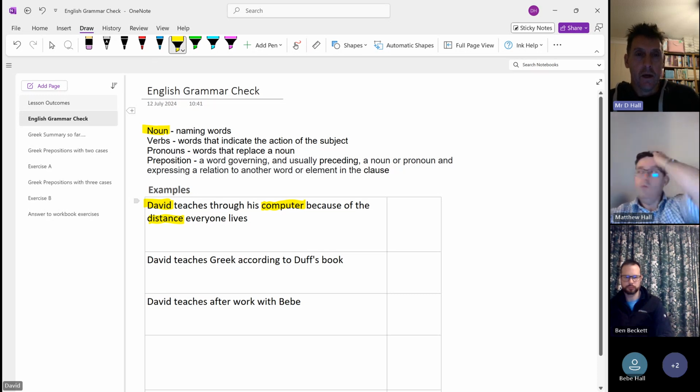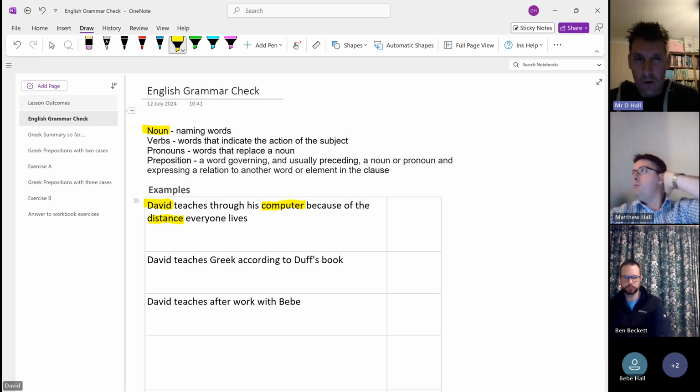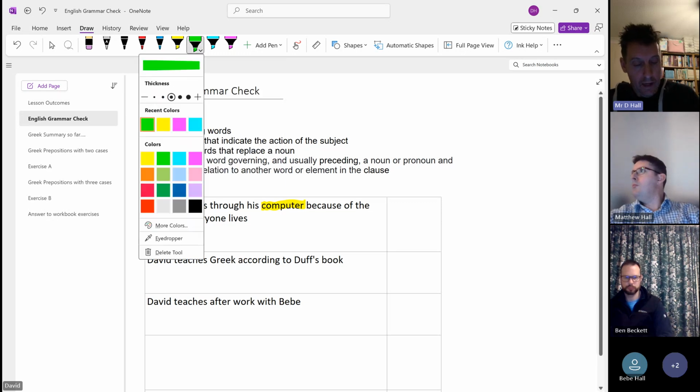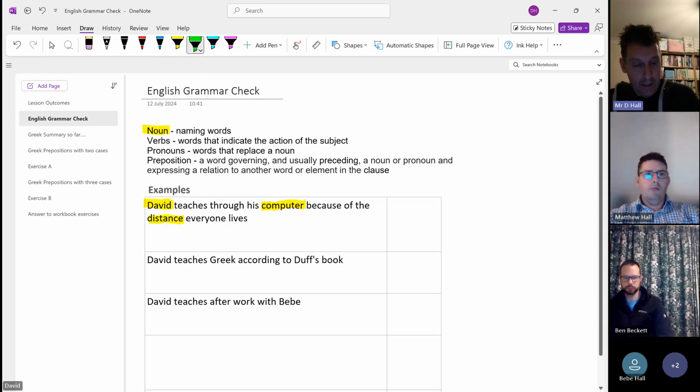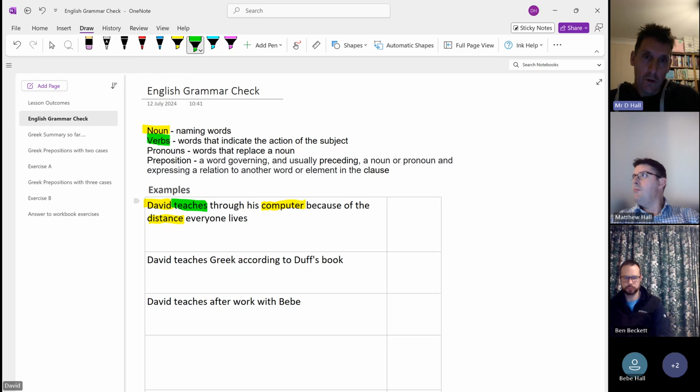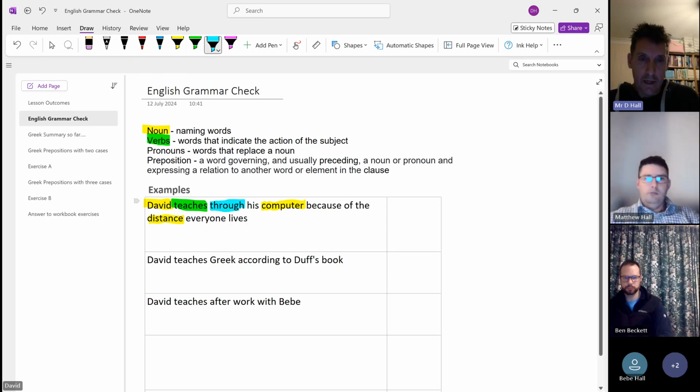The sentence is a little more complex than what we've been looking at, so I won't worry too much about that. The verb here is what I'm doing, which is teaching, and we don't have the object of what I'm teaching, because then we have this preposition. This is telling us something about how the teaching is happening. It's happening through the computer.